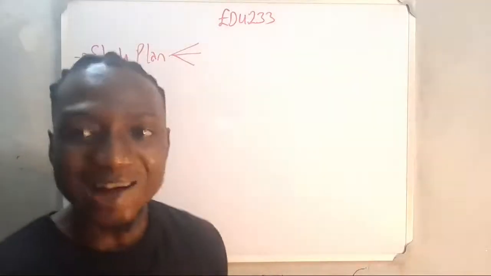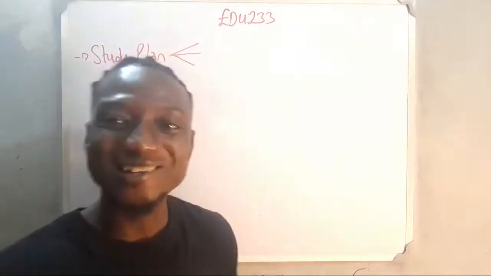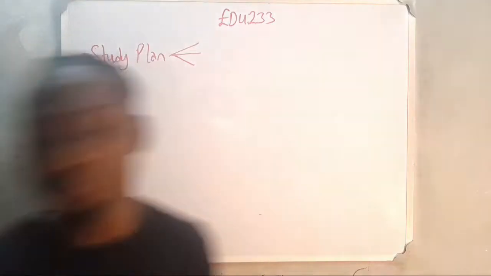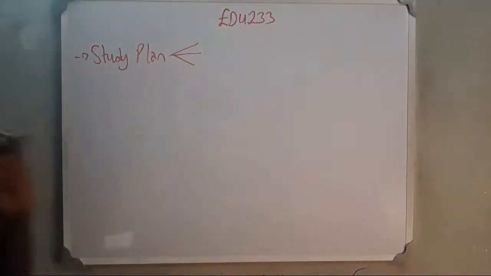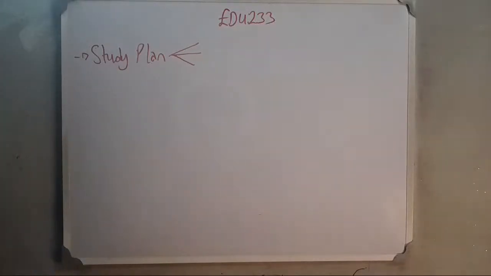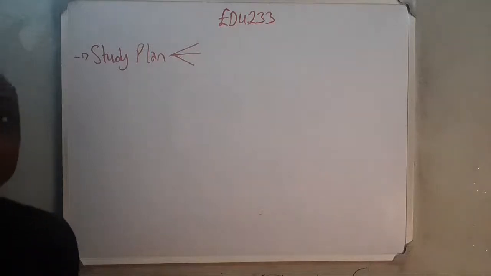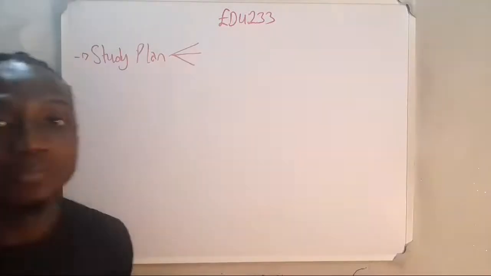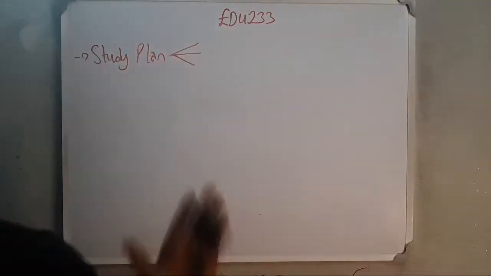The action hasn't been done, but is intended to be done. So basically, a study plan talks about what a student or a teacher intends to do, the strategy or action they intend to employ when it comes to studying.